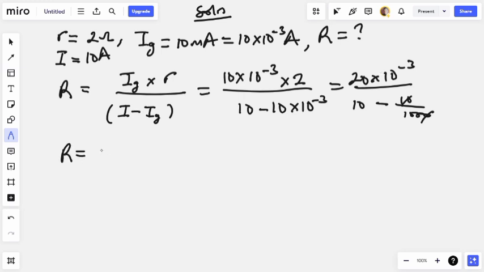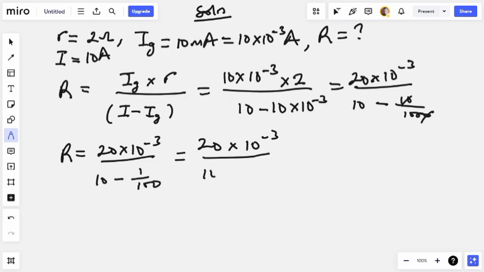So our R equals to 20 times 10 raised power minus 3 divided by 10 minus what is left here, which is 1 over 100, which equals 20 times 10 raised power minus 3 divided by 10 minus 0.01. 10 minus 0.01 is 9.99.